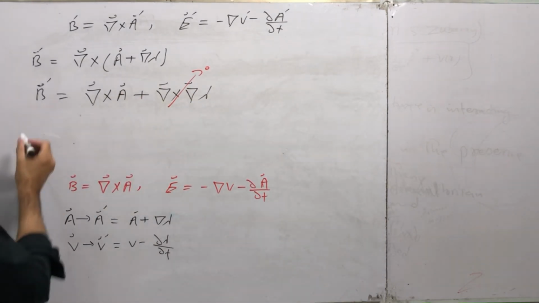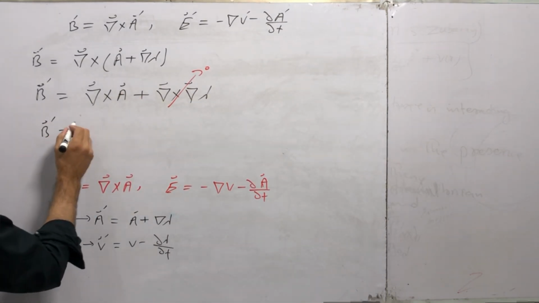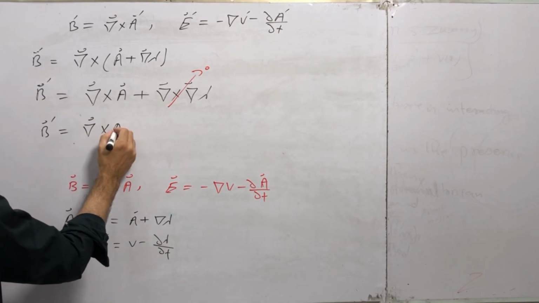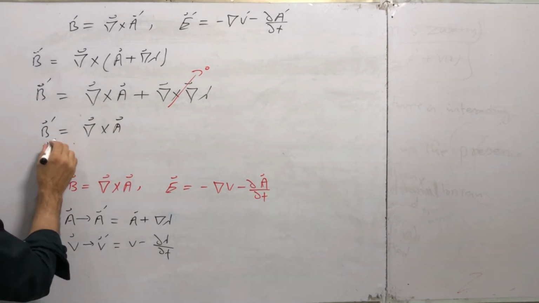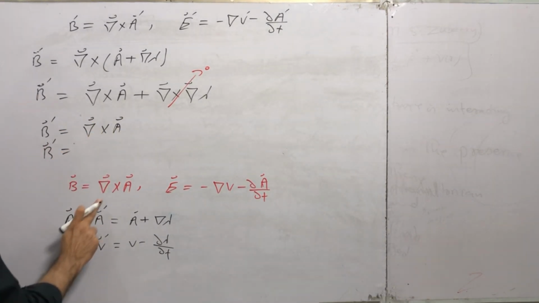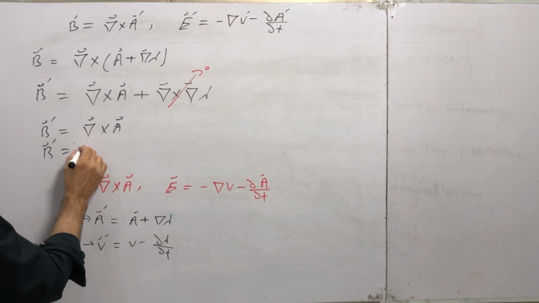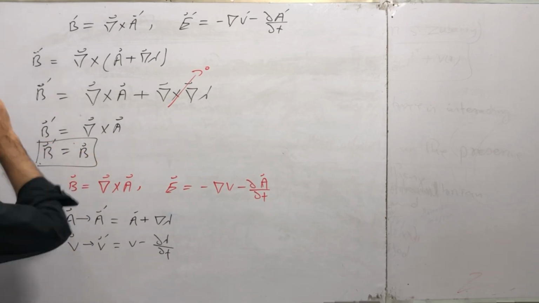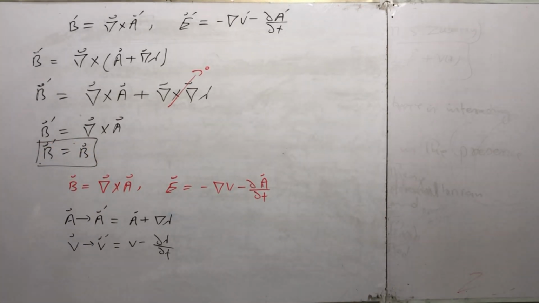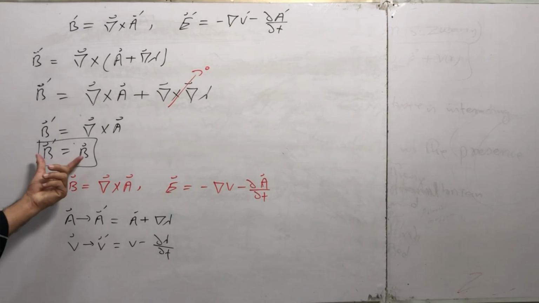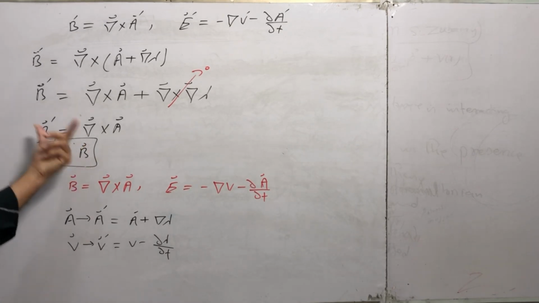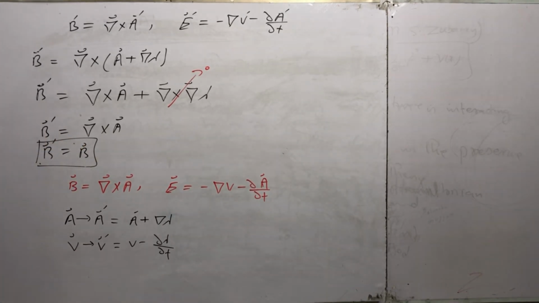Then B prime is equal to del cross A, and del cross A is nothing but B. So one condition, the magnetic field, is satisfied. We change the value of the vector potential and there is no change in the magnetic field.